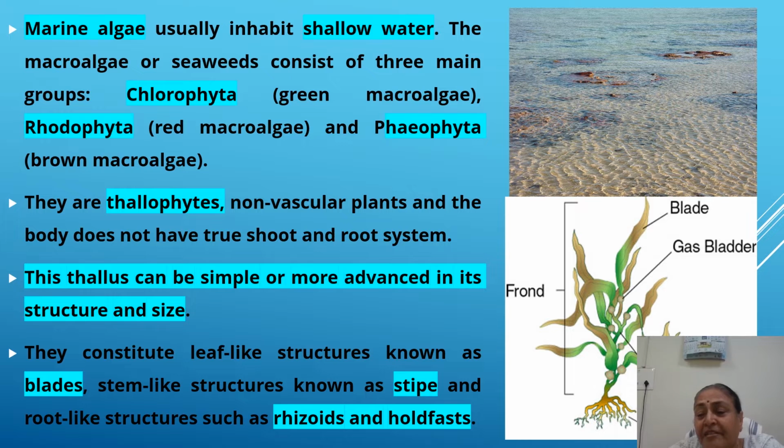On that blade, the gas bladder or receptacle, conceptacle-like structure is present, in which the reproductive structures are generated and participate in sexual reproduction. Besides this, they have a stem-like structure known as the stipe, and this stipe gives support to the blades and other parts.